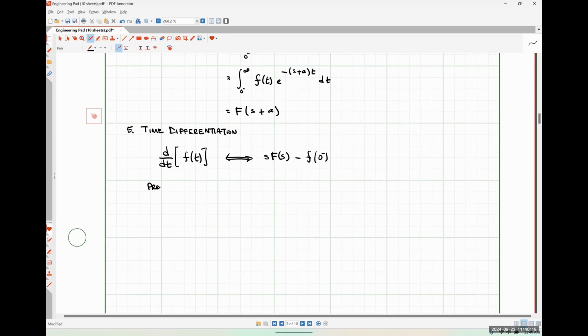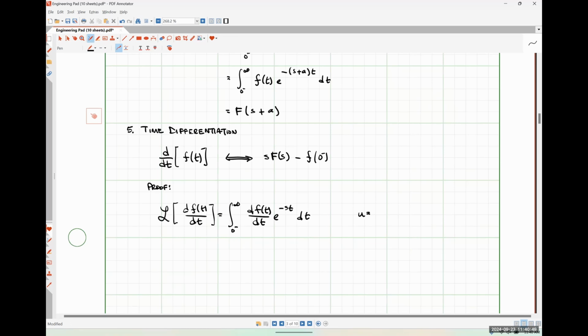So for proof of this, the Laplace transform of the derivative of f of t with respect to time would look like the integral from 0 minus to infinity of the derivative of f of t with respect to time multiplied by e to the negative st dt.